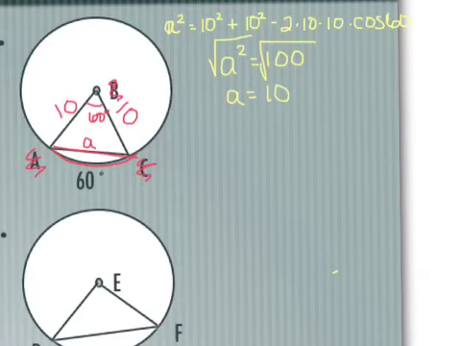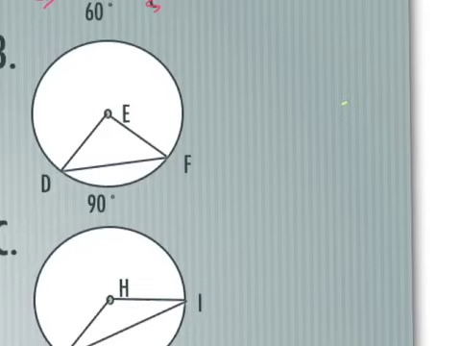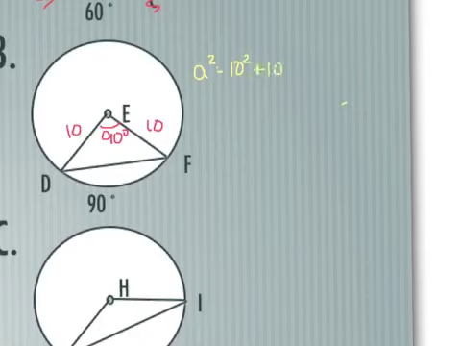Let's look at a 90-degree one. Again, the only thing that's changing here is the angle measure. This angle is now 90, but you still have a 10 and a 10 on the sides. So I'm going to set this up as A squared equals 10 squared plus 10 squared minus 2 times 10 times 10 times cosine 90.